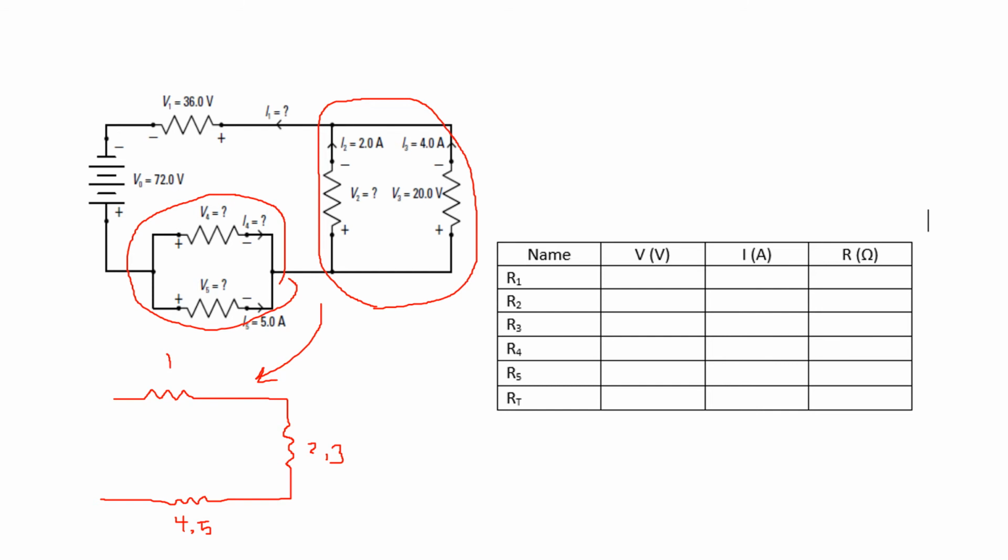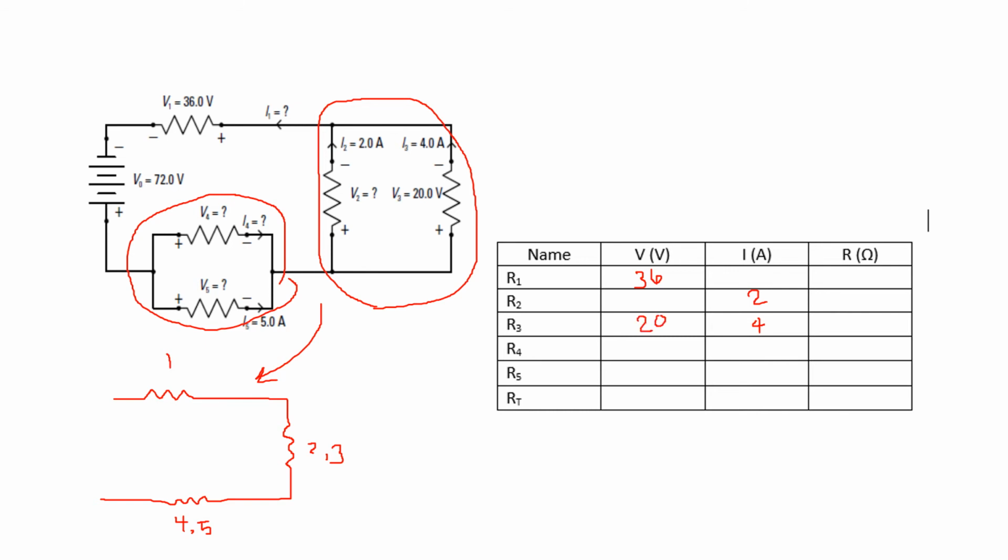The only thing I have for 1 is 36 volts right now. Then I come to 2. My I2 is 2. My R2 I don't have. And I come here, my I3 is 4. And my V3 is 20.